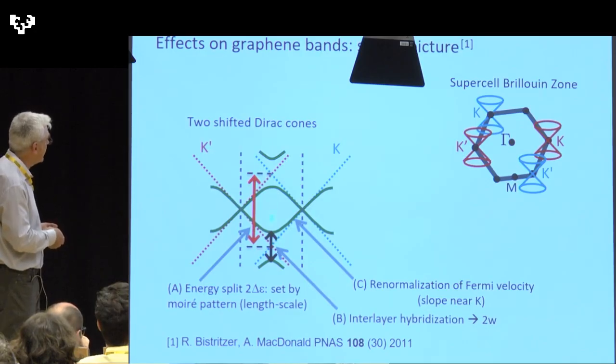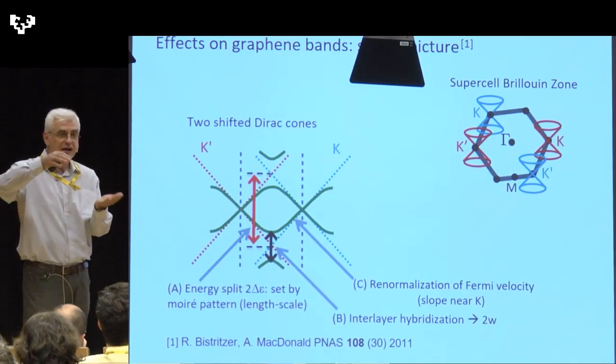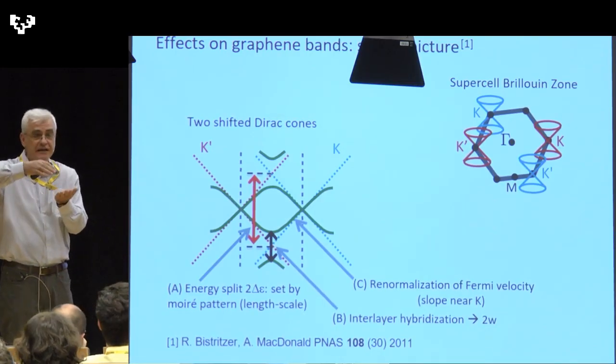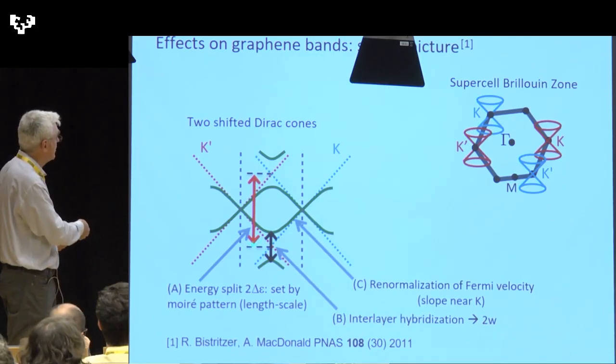This energy scale, the difference from this point where the two Dirac cones intersect in the positive energies and here in the negative energies, this energy scale is set by the moire pattern, by the length scale. It's only the length scale or the angle of twist that tells you how far these two intersections of the Dirac cones are.